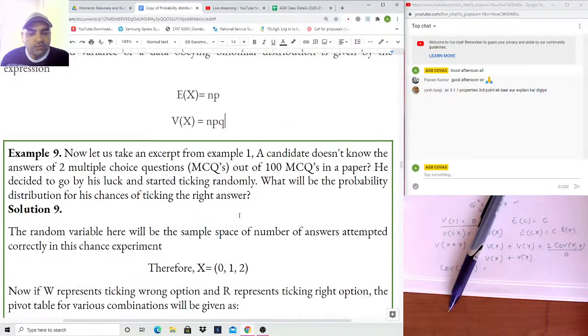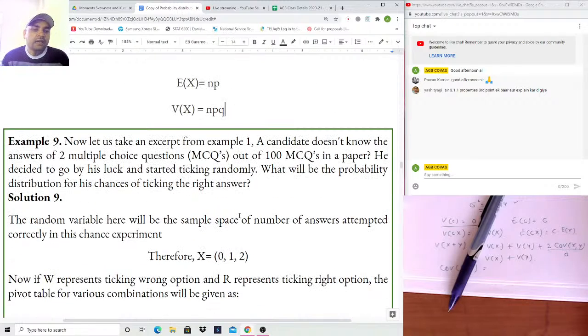Okay. So now let us take an example, from our first example, and apply it to the binomial distribution. A candidate doesn't know the answers to two multiple choice questions out of 100 MCQs in a paper. So he decided to go by his luck and started picking randomly.